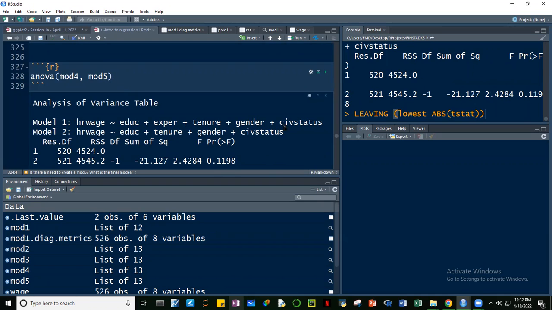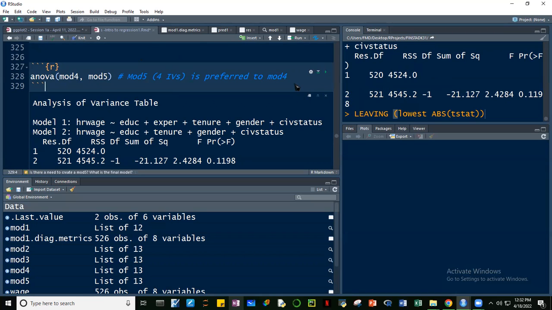Okay. So, sino yung model natin dito? Si model 5 natin, yung 4 na lang yung independent variables. Si model 4, yung 5 yung independent variables. So, ang null hypothesis, model 5, okay, ito na rin 4 IVs, is preferred to model 4.